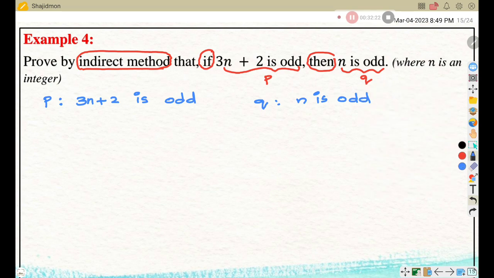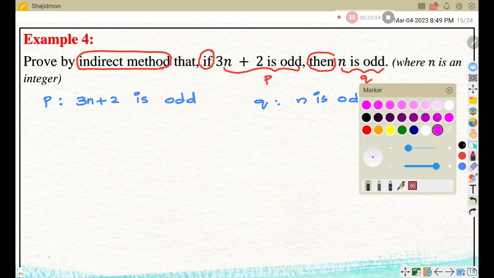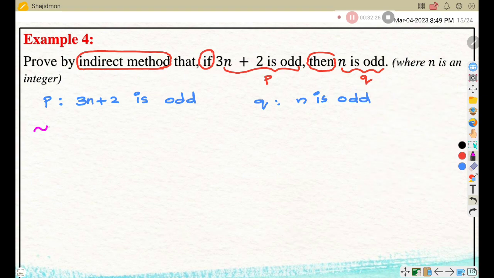What is the negation of p? Negation of p: 3n plus 2 is even, correct? Not odd means even.